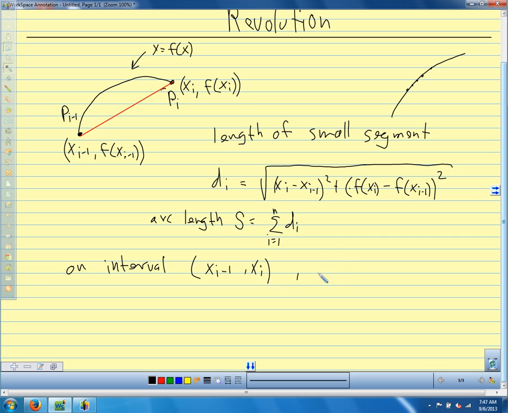So on this interval, the mean value theorem guarantees us that, what happens? We can remember what the mean value theorem tells us on an interval in a situation like this.